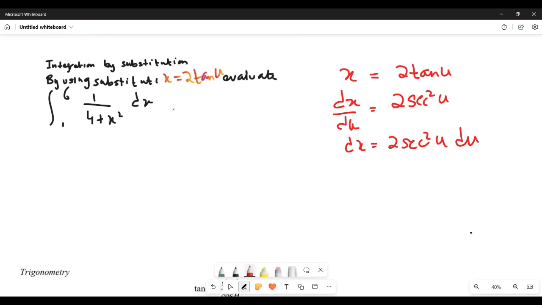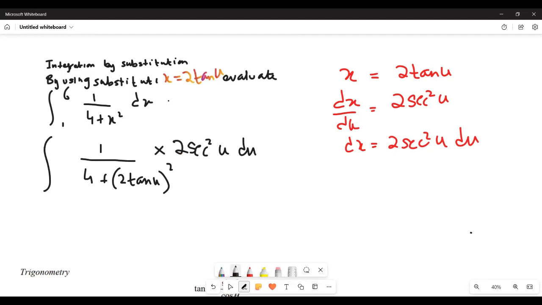Let's start the replacement. 1 upon 4 plus x square will be 2 tan u whole square, and dx is going to be 2 secant square u du.